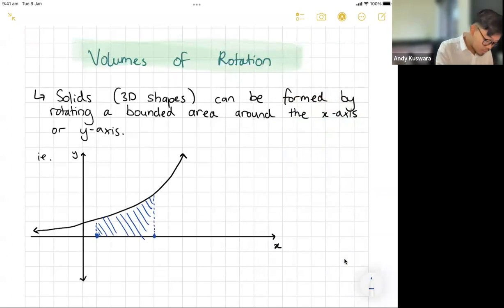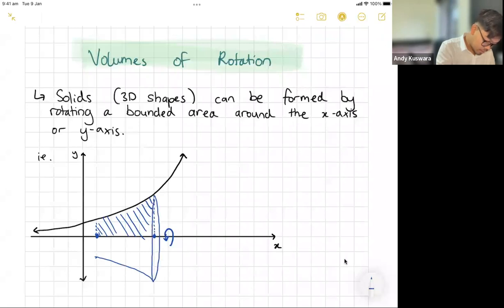Now, if I was to rotate it around the x-axis, I want you to pretend that I'm just going to spin that x-axis this way, almost like a drill bit. What's going to happen is it's going to create a solid that's going to be rotated around this way.